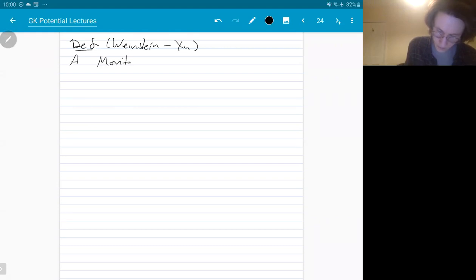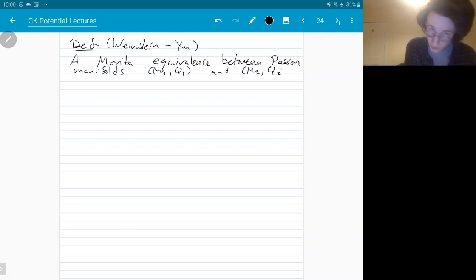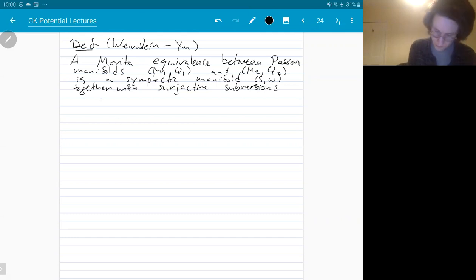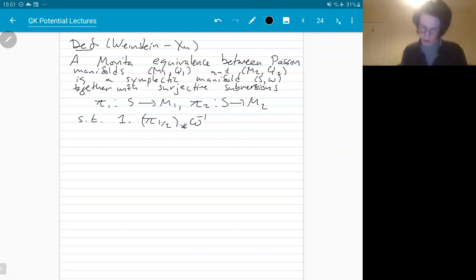So a Morita equivalence between Poisson manifolds (M1, Q1) and (M2, Q2) is a symplectic manifold (S, omega) together with surjective submersions pi1 from S to M1 and pi2 from S to M2, such that, number one, the map pi1 or pi2 pushes forward the inverse of the symplectic form to either Q1 or Q2.